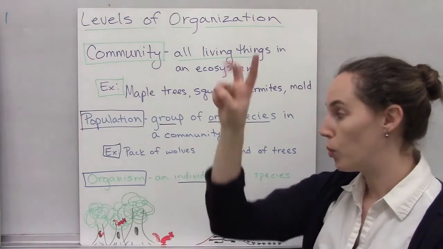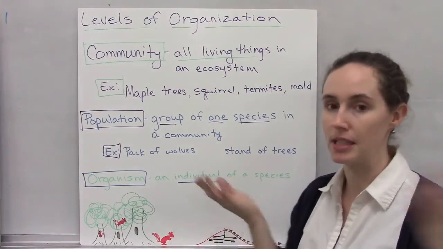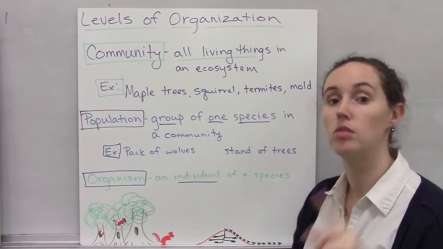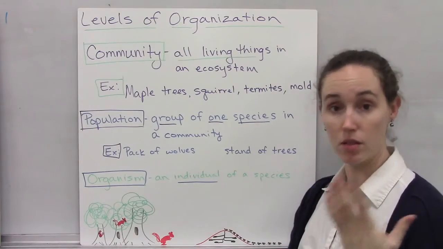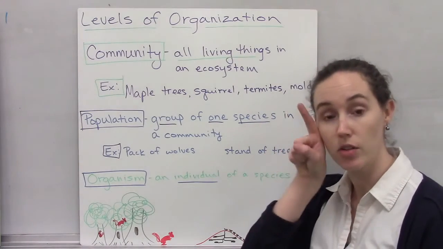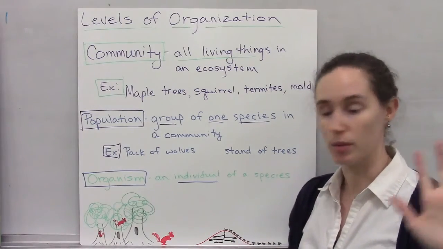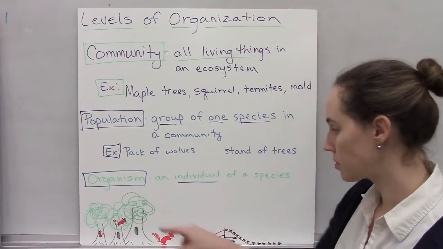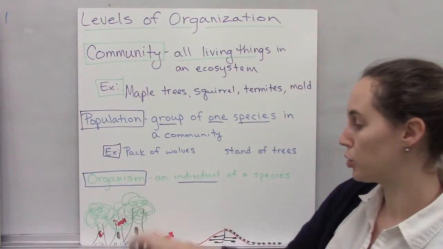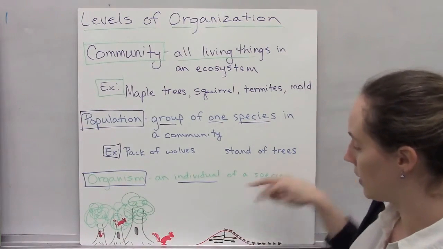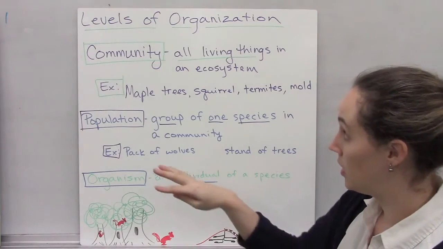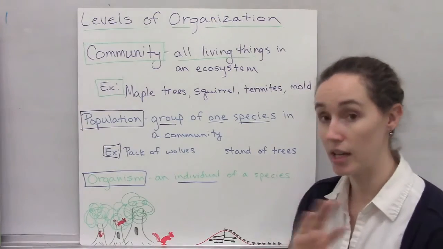And the level just under that is the organism level. And an organism is just one individual of a species of living thing, like you, or me, or one bacteria, or a squirrel. So see, I have here my ecosystem is my trees and my squirrels and my soil, and I've got termites, and then the community would not include the soil.